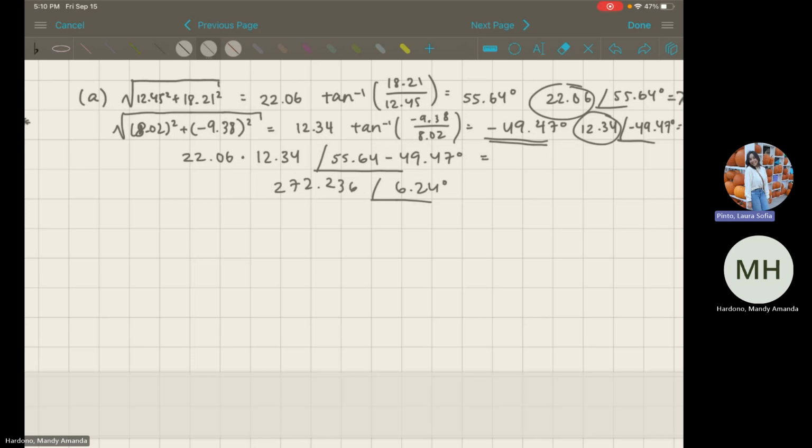That's correct. Any questions on this part? Okay. For division, you would do the same, so you would divide X by Y, and then subtract the two angles. So it would be 55.64 plus 49.47 in the end. This is for if we asked for division.